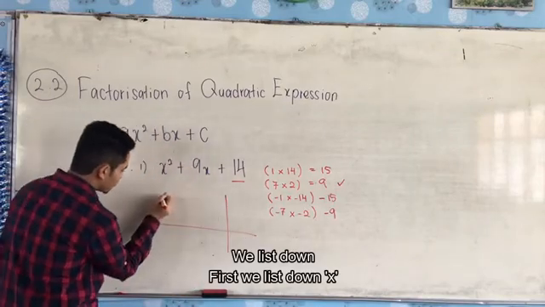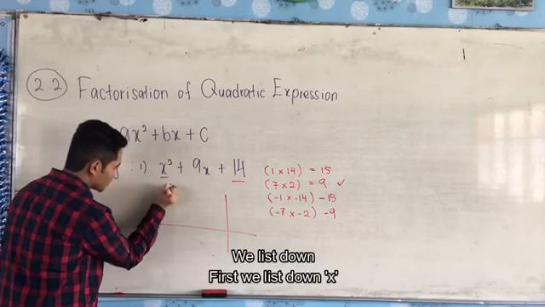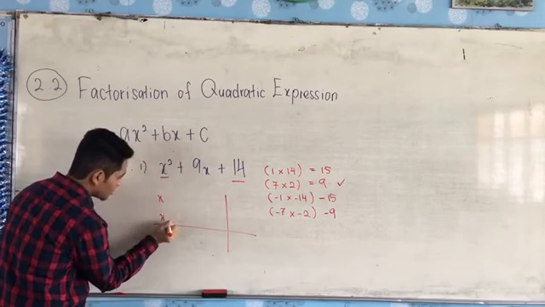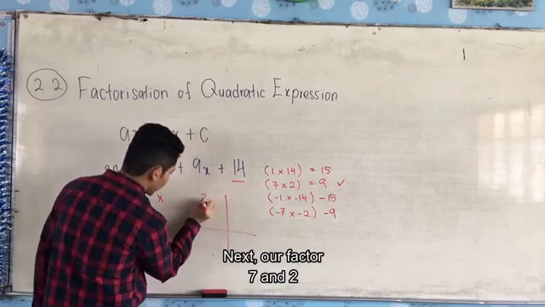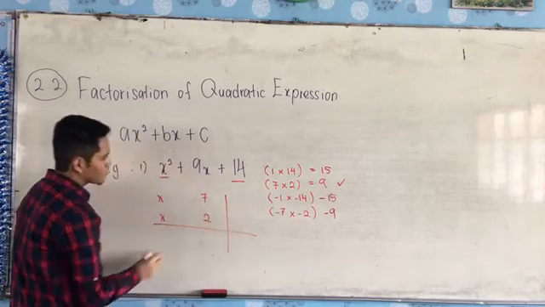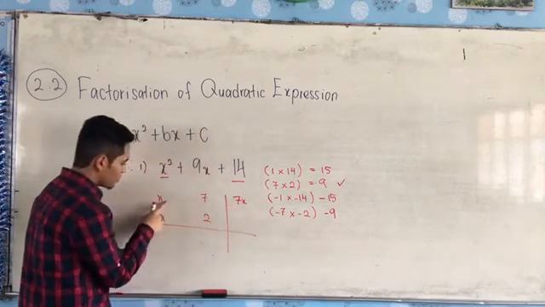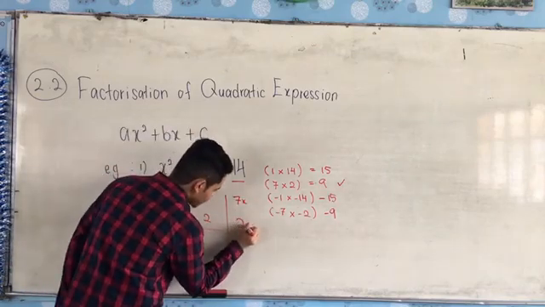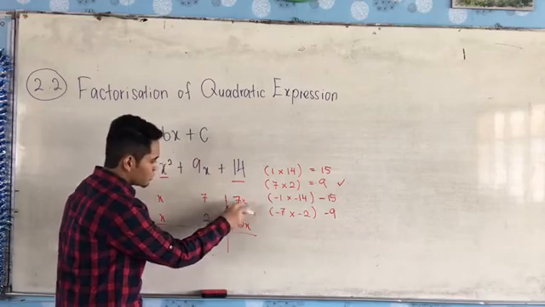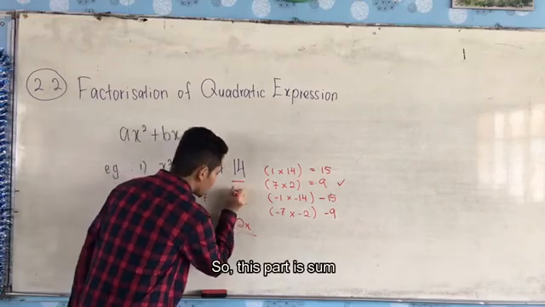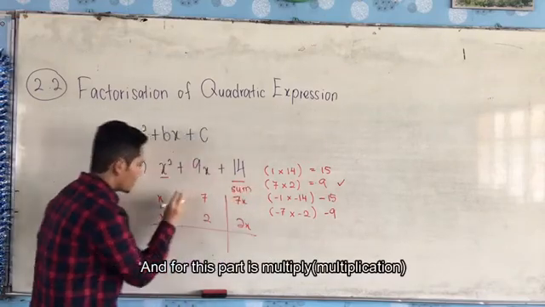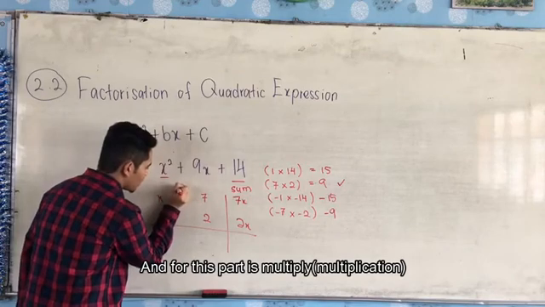We list down x first. Next, our factors 7 and 2. Okay, 7x, 2x. So this part is sum, and this part is multiplication.